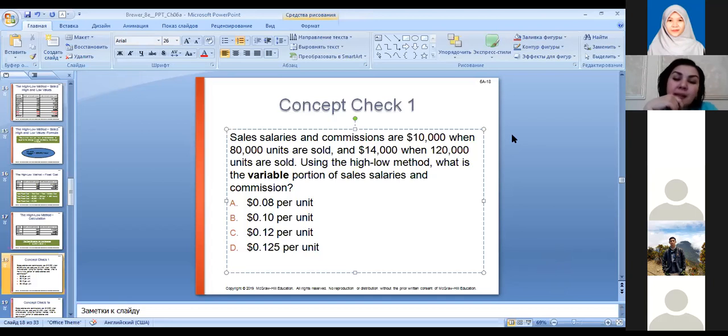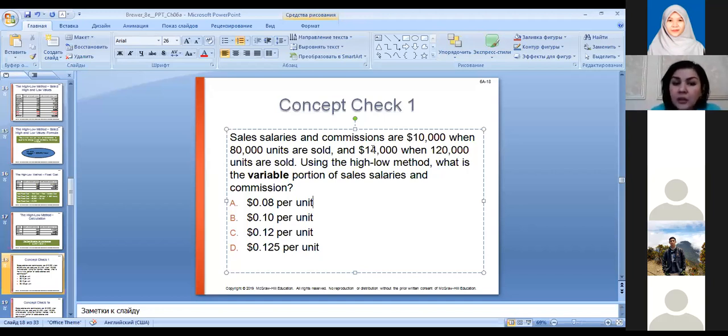Who can tell, Salma? Which is the low level of activity? Which one?